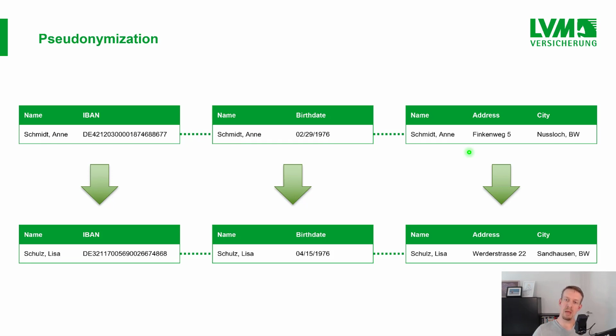Why that? Let's assume Anne Schmidt originally lives in Nussloch in Baden-Württemberg, that is to the south in Germany. If we would relocate her to, for example, Schwarzenbeek, that is 600 kilometers to the north near Hamburg, that would have huge implications, for example, on car insurance or estate insurance. Because what do we have in Nussloch, or in the south of Germany?